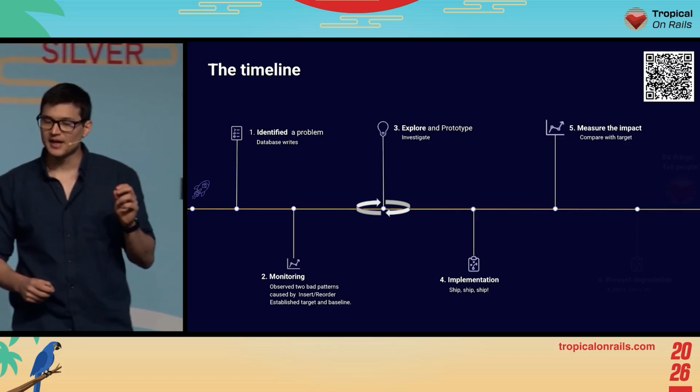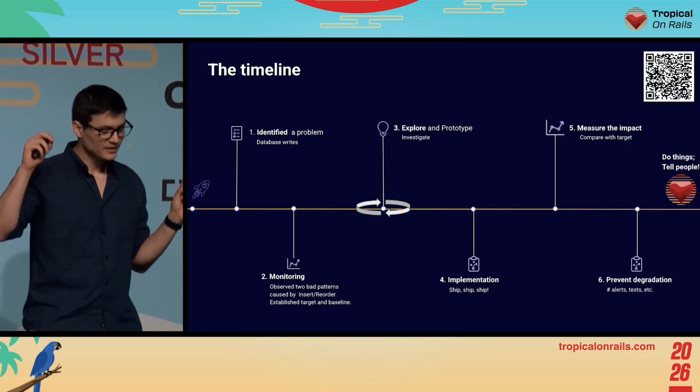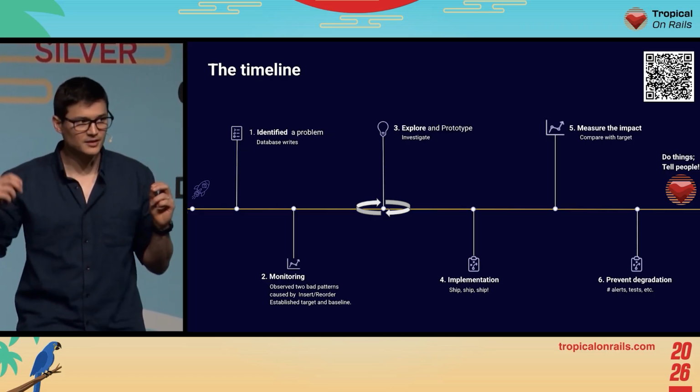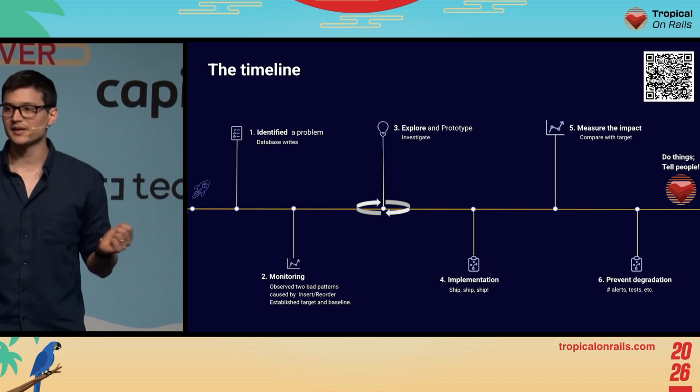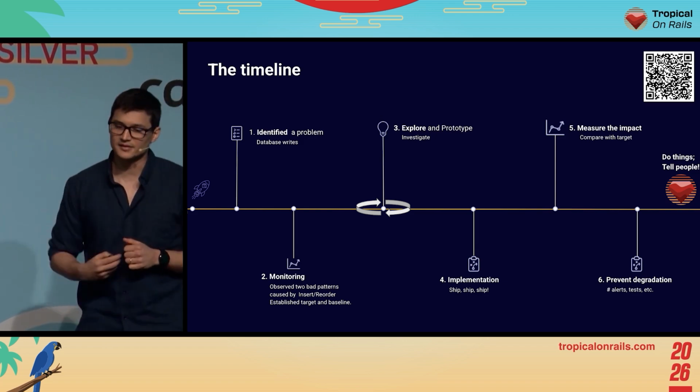We need to prevent any other team or developer from having the same failure, increasing our database writes and having spikes. And that's very easy to reintroduce if you didn't have this context.